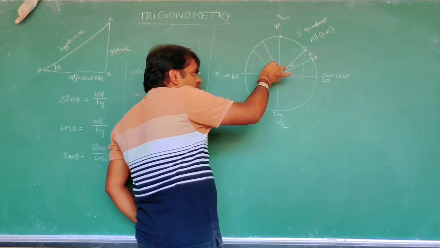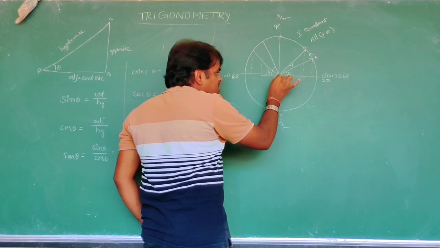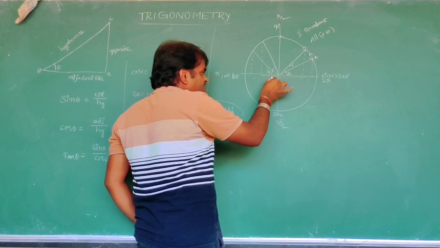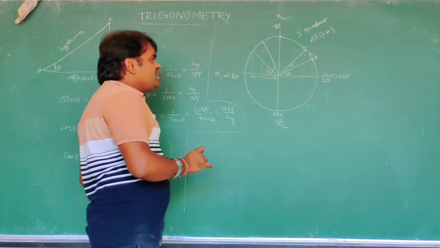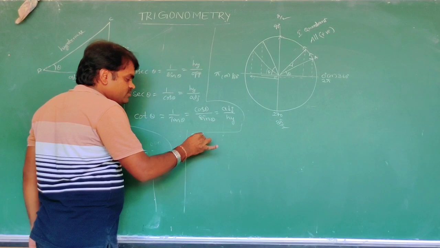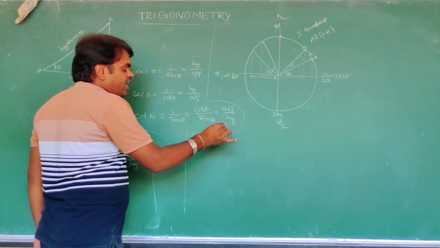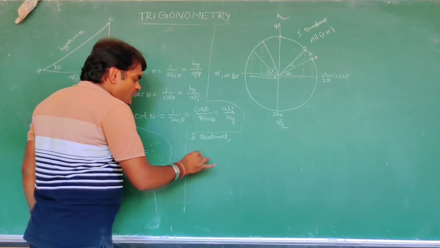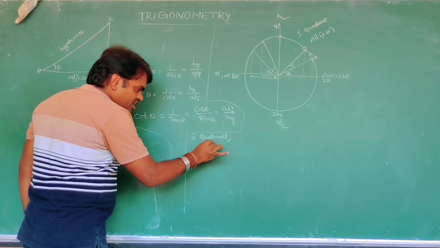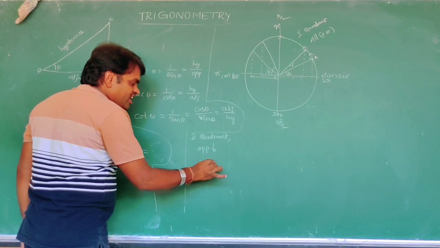In the second quadrant, opposite side decreases, adjacent side increases.